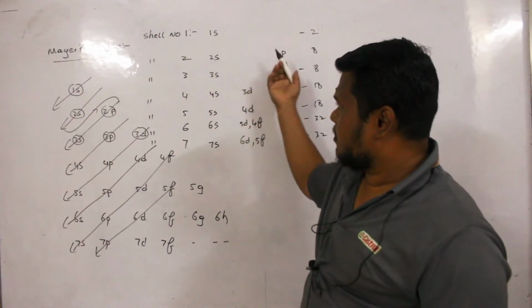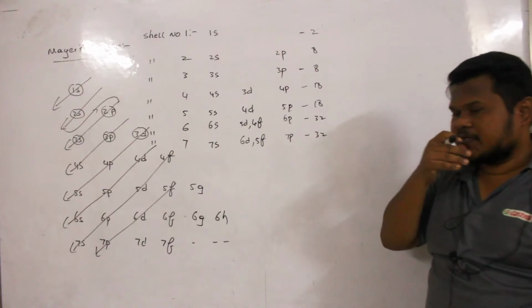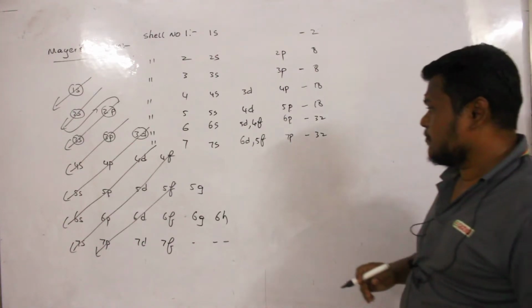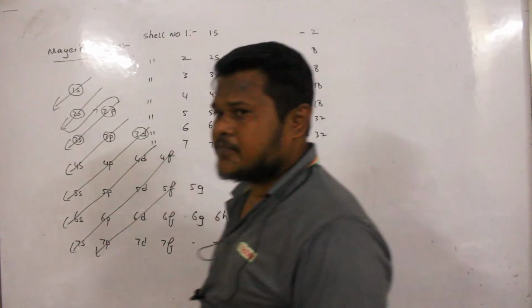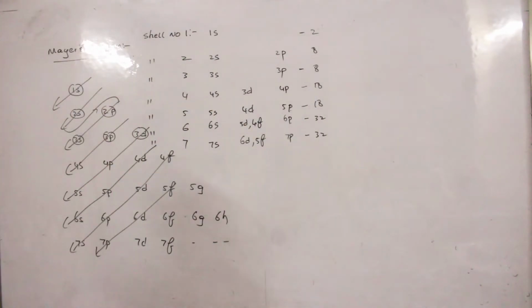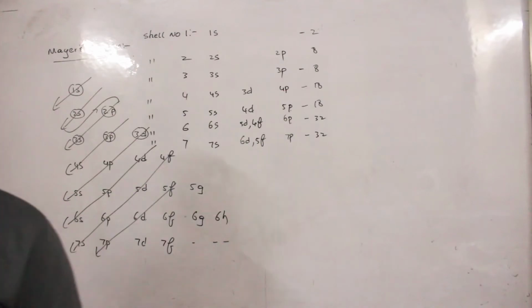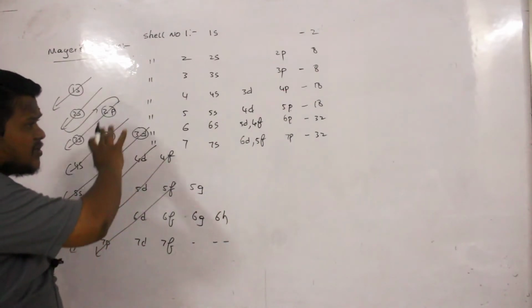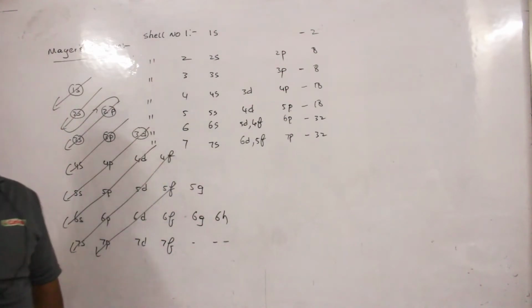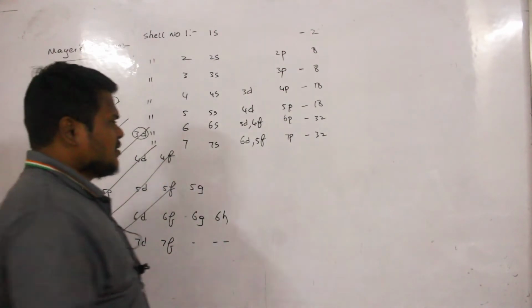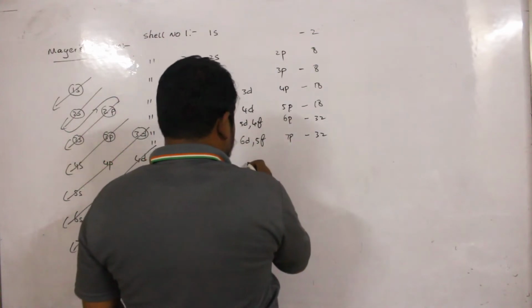For example, let us write the periodic table, then we will try to understand what is happening in this condition. So the modern periodic table has how many rows and how many columns? 7 horizontal rows are there, and 18 vertical columns are present. Let us fill that periodic table according to the structure which we have drawn.